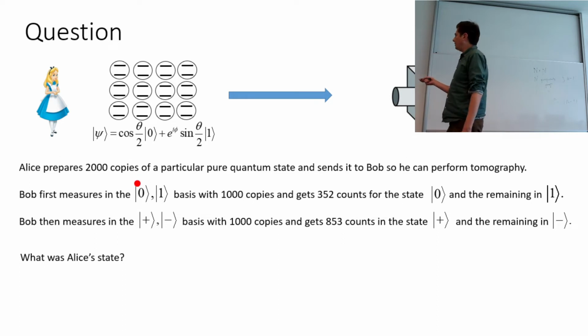He uses the first 1,000 qubits for that, and you get 352 in 0, and the others in 1. Then he does the measurement in the plus minus basis, and gets 853 in plus, and the remaining in minus. So from that information, try and work out what the state is.